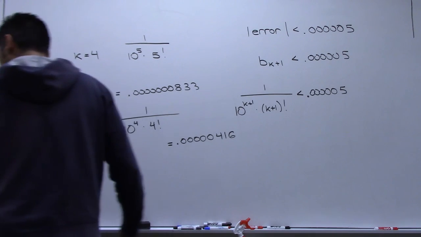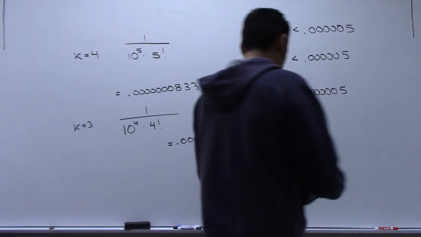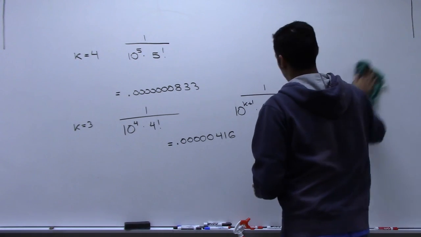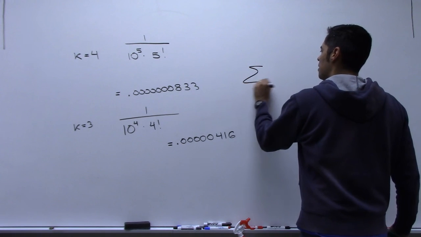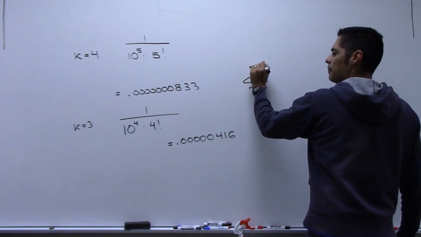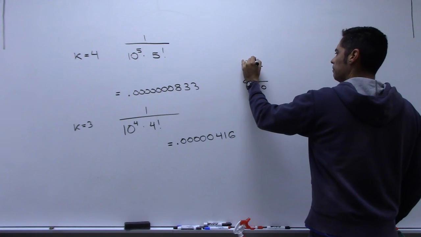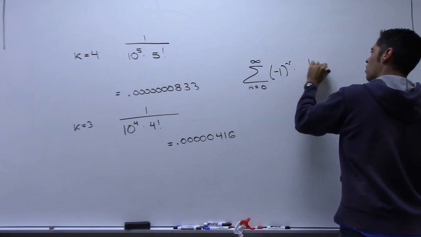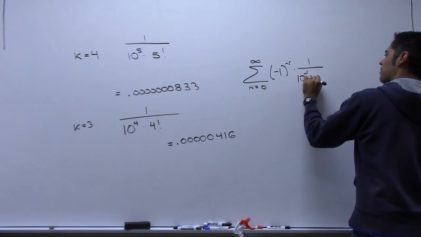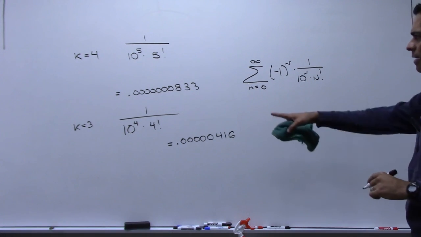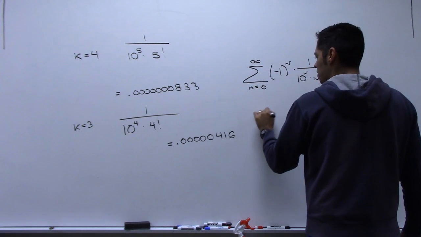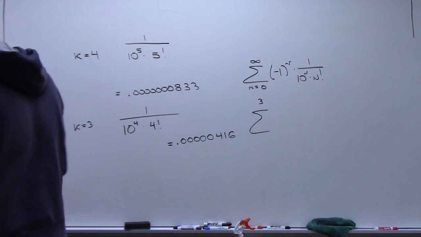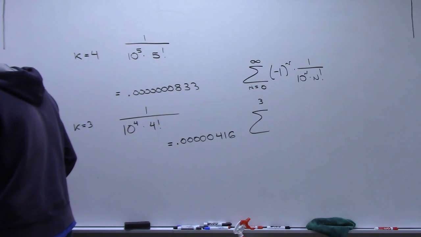that should work. Now, we have to be a little bit careful on this one, because if you look back on the original one, the sum started at 0 instead of 1 to infinity of negative 1 to the n times 1 over 10 to the n times n factorial. So what we just got from that says that we should go out to k equals 3. So let me just look at something real quick here. What number is this? 11.